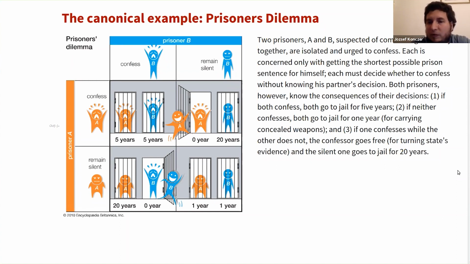If both could remain silent, then they would get only 1 year. And the worst outcome is for the prisoner who remains silent when the other one confesses. And the best outcome for a prisoner is when he can confess while the other remains silent.